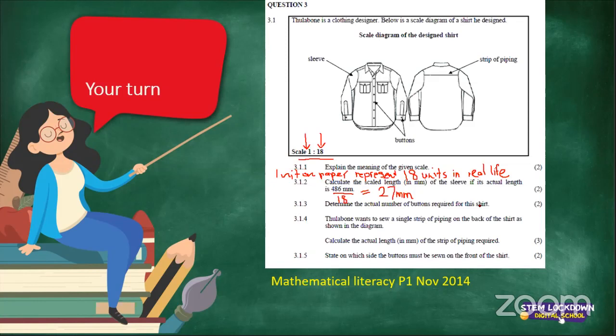All of the buttons are shown on the front view, like this figure. How many buttons do you need for this shirt? I'll give you 10 seconds to count.